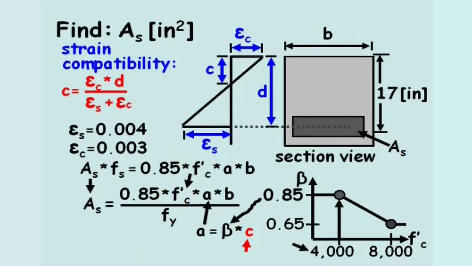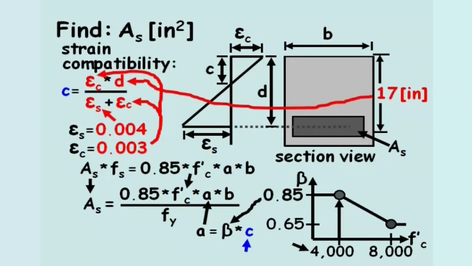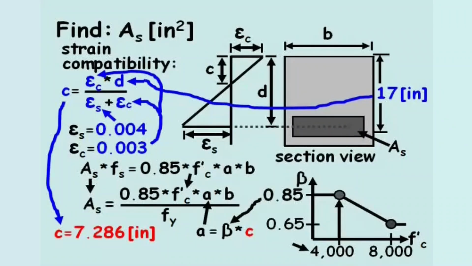As is typical, we'll use 0.003 for epsilon C, which is the strain in the concrete at failure. After plugging in the known values, we find the length C equals 7.286 inches, which makes the length A equal to 6.193 inches.